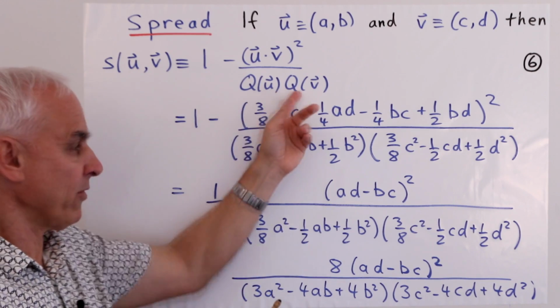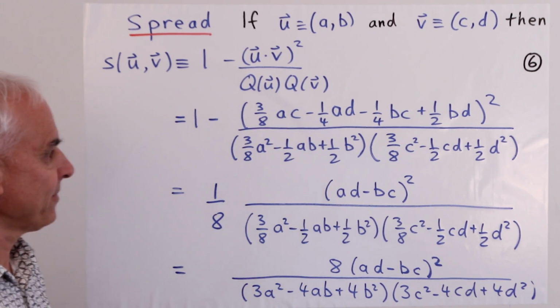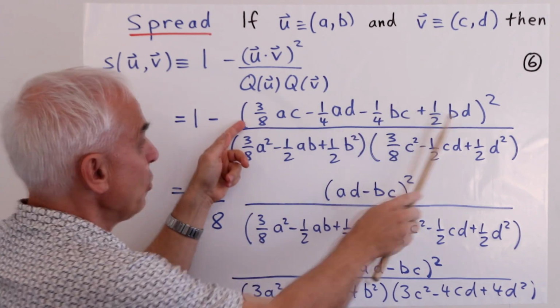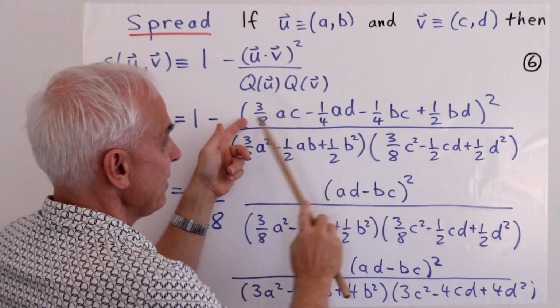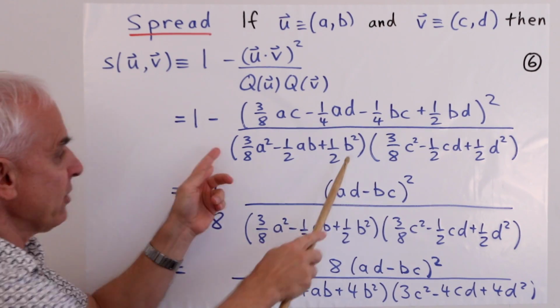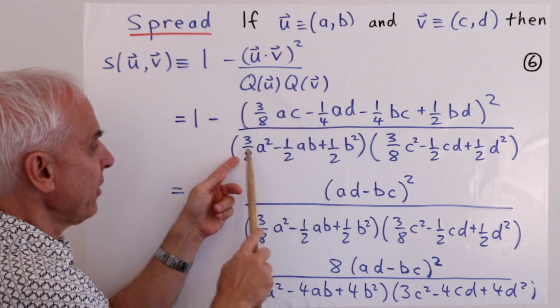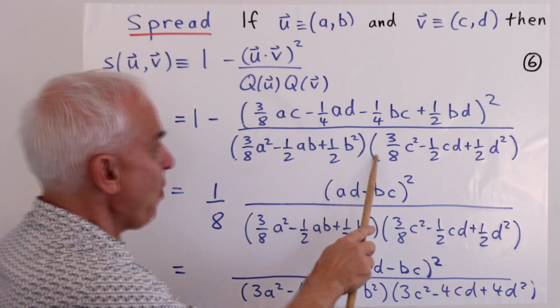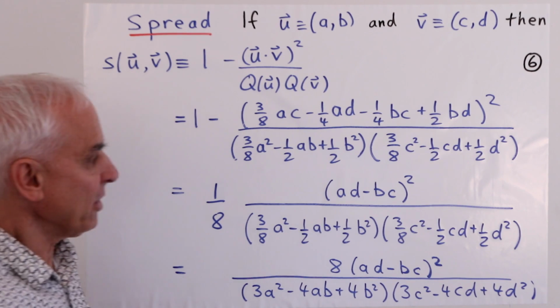We're talking about the quadrances that we're looking at. So explicitly, in terms of AB and CD, here is u dot v, so that expression there, all squared in the numerator. And here's the quadrance of u, 3/8 a squared minus 1/2 ab plus 1/2 b squared. And here's the quadrance of v, similarly for c and d.